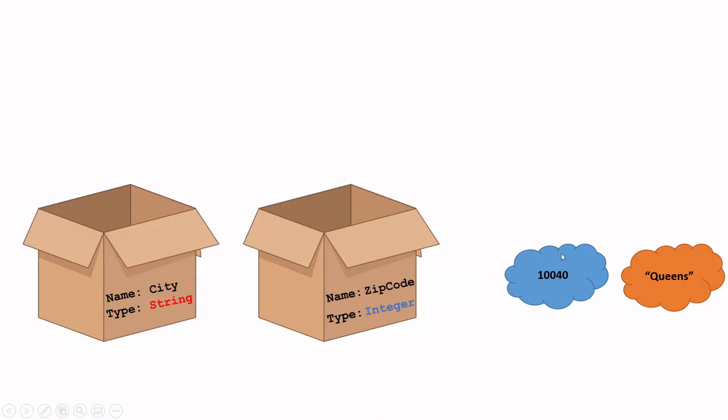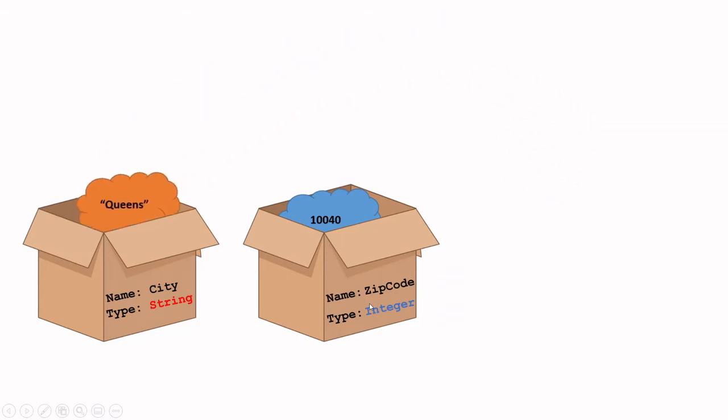We can only place it in a variable or container that is made to store that specific type. Same thing with Queens here: it can only be stored in a container made to contain that type of values. So 10040 will be placed in this container and Queens will be placed in the other container.